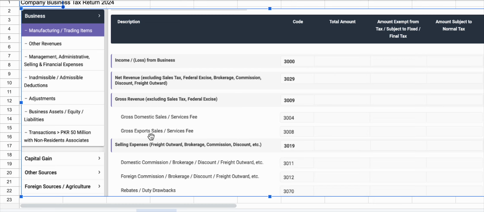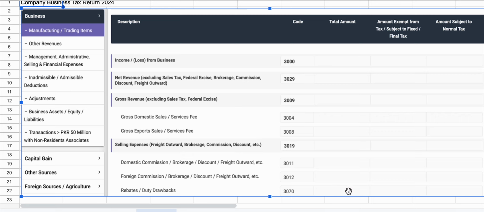If you make exports, the government gives you an incentive: if you made the same domestic sale, you may have to pay some customs duty or some kind of taxes on them, for example, federal excise duty. But if you export those things, then sales tax and federal excise duty become zero, or if you pay them, you get that money back.